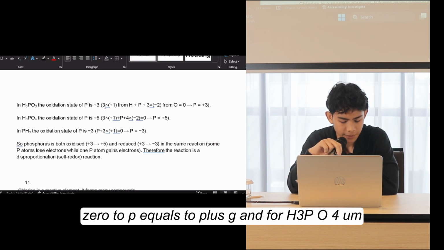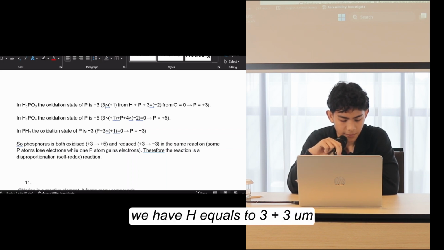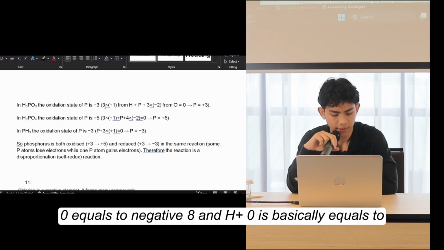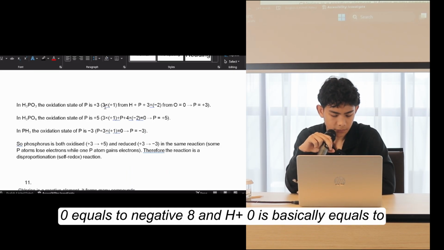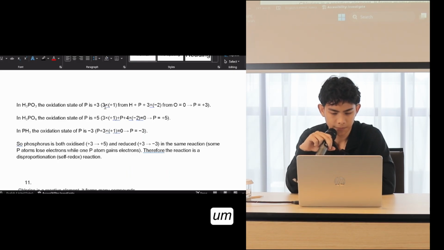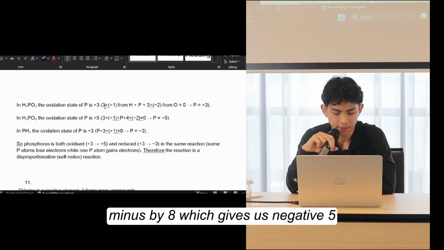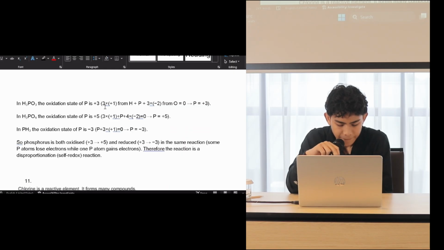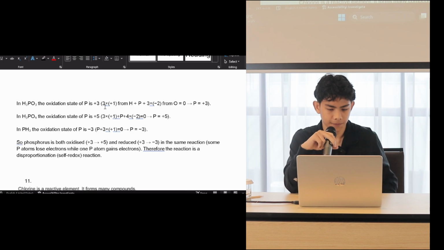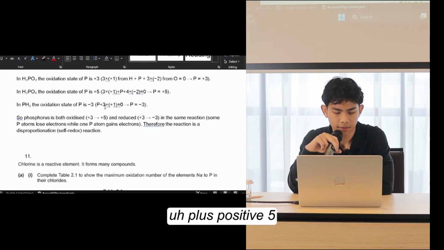And for H3PO4, H is plus 3, O is negative 8, and H plus O is basically 3 minus 8, which gives us negative 5. So for P we have positive 5.